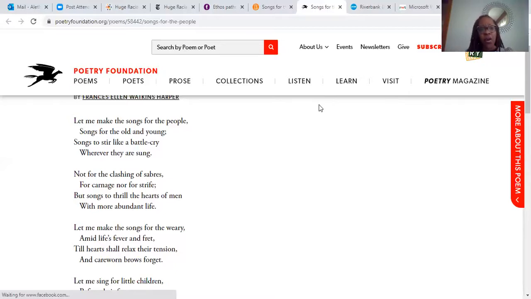The fact that the poem is called Song for the People, right? Where we learned that the slave narrative really pulls from biblical references, how it fashioned itself after scripture, or that there's always a moral to the story. When I looked at the title, Song for the People, I thought immediately of the Song of Psalms, right?